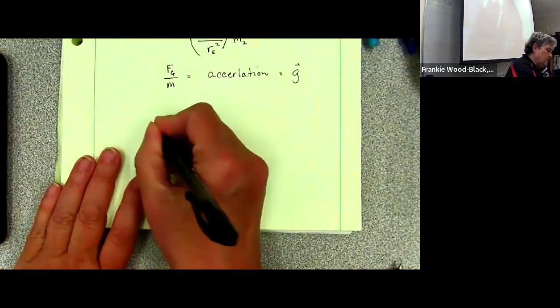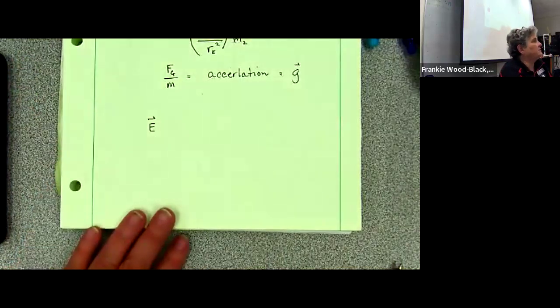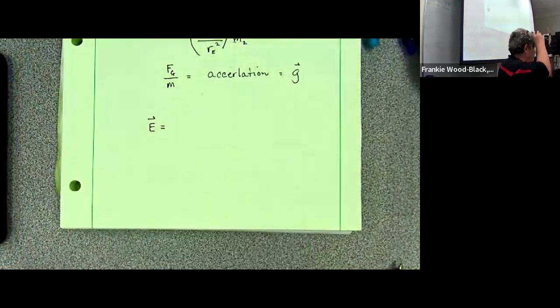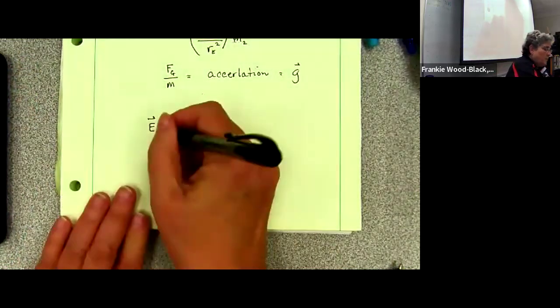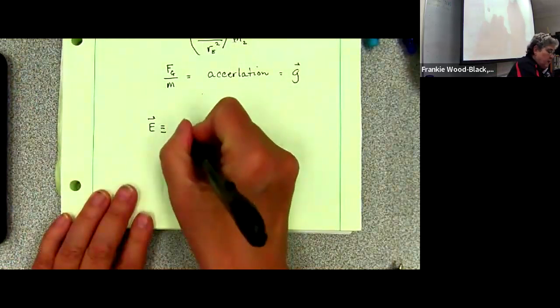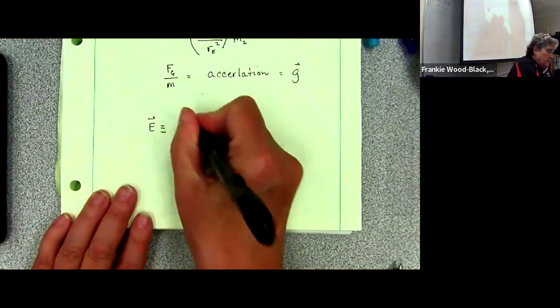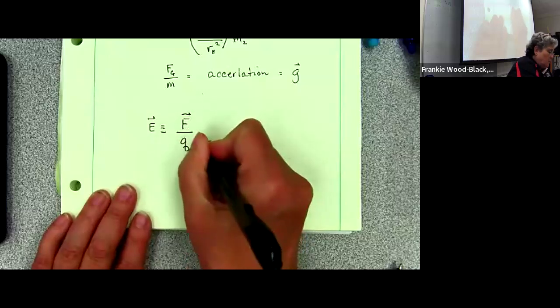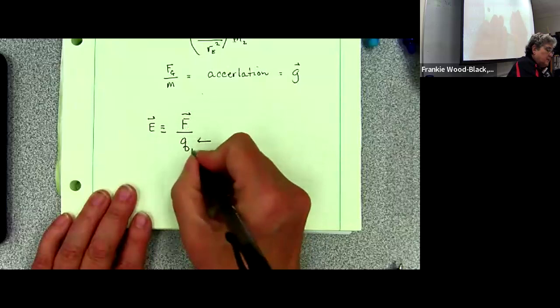So what we're going to do for electric fields, we're going to define an electric field. And we're going to define my electric field as my electric force divided by q, where that q is my test charge.